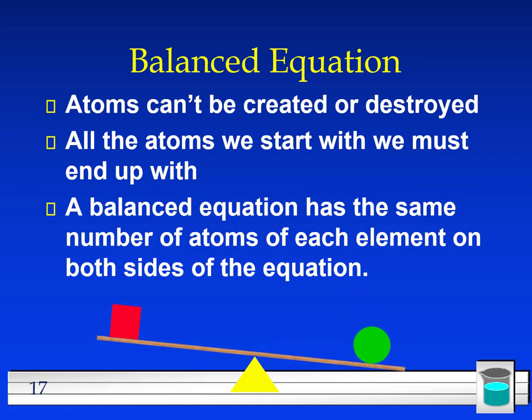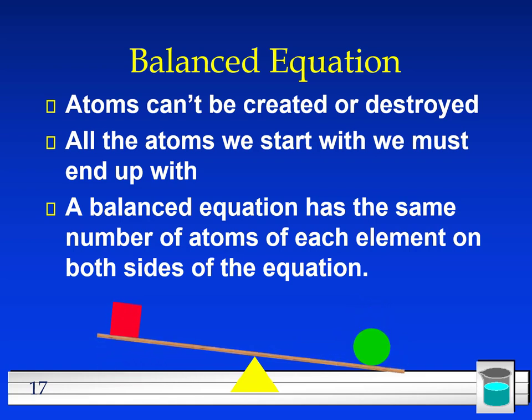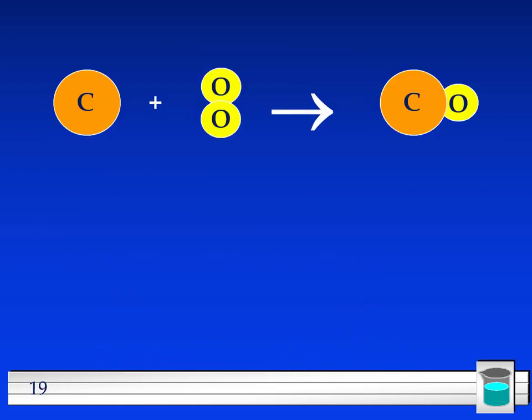Okay, so let's talk about how to balance an equation. Carbon and oxygen, which comes as O2, makes carbon monoxide.